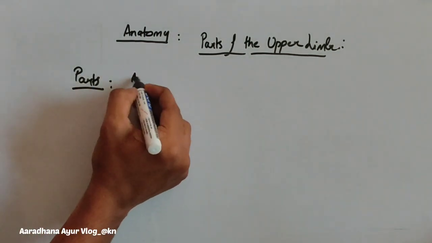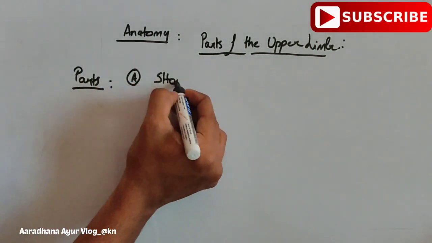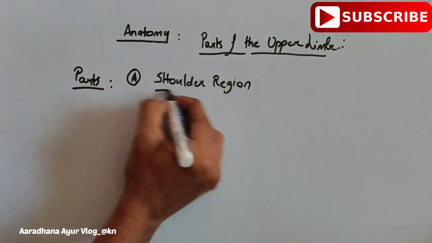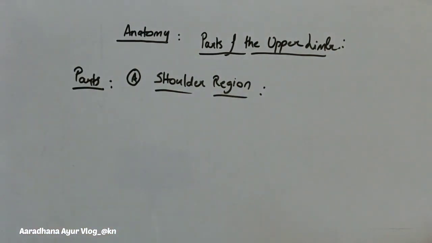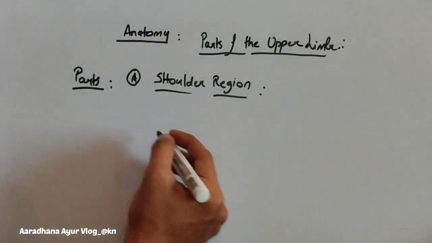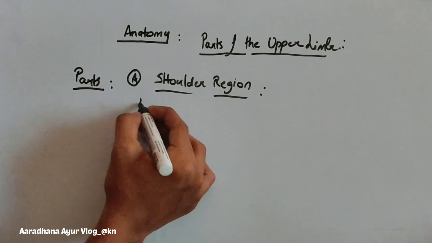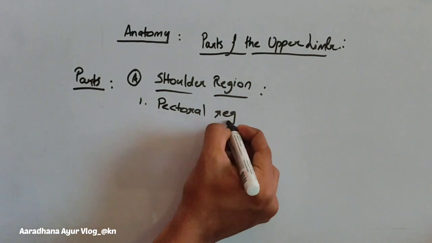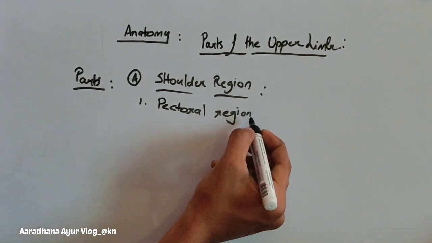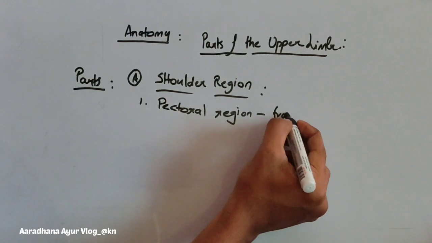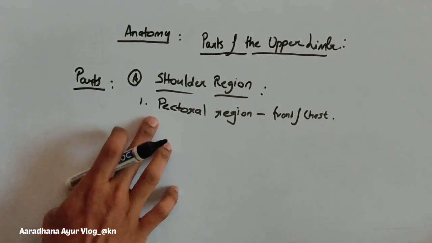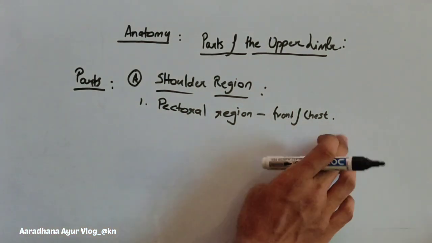So first let's start with the shoulder region. What are the subdivisions which come in the shoulder region? In the shoulder region there is the pectoral region, which is in the front of the chest.